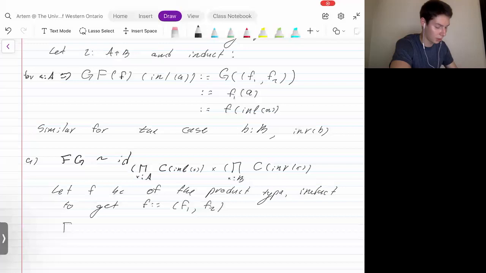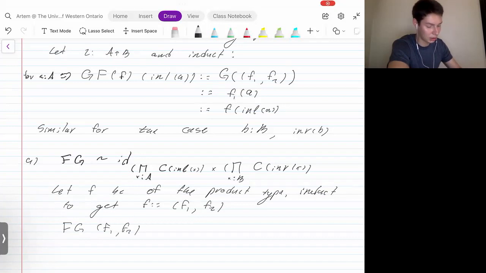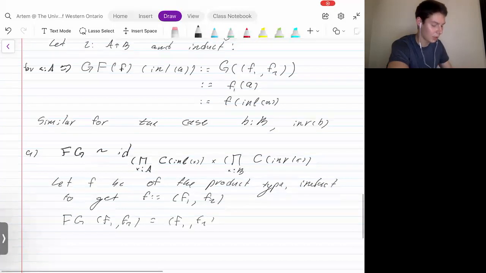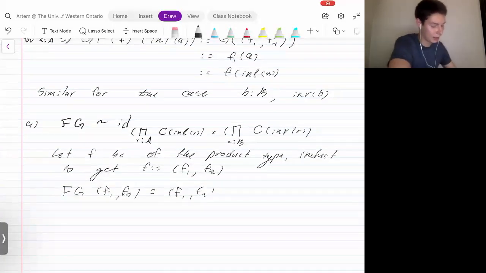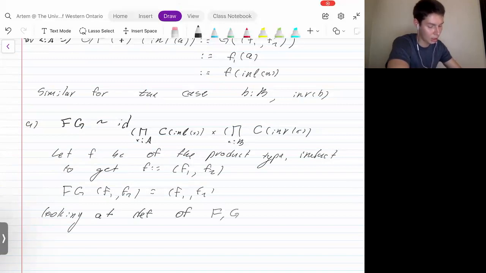So now what we want is FG at F1, F2 is equal to F1, F2. And again, looking at definitions of FG, these agree pairwise.